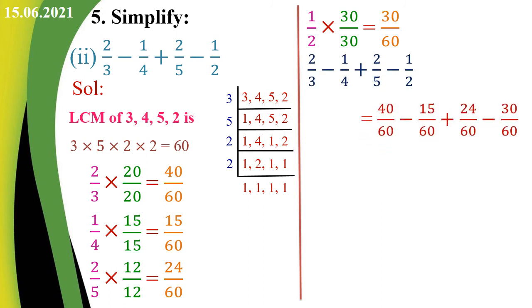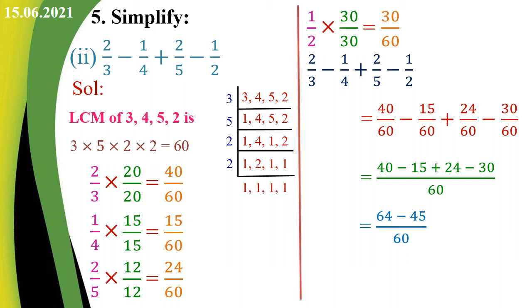Now substitute the values. 2 by 3 minus 1 by 4 plus 2 by 5 minus 1 by 2, which is equal to 40 by 60 minus 15 by 60 plus 24 by 60 minus 30 by 60. We get 40 minus 15 plus 24 minus 30 by 60.